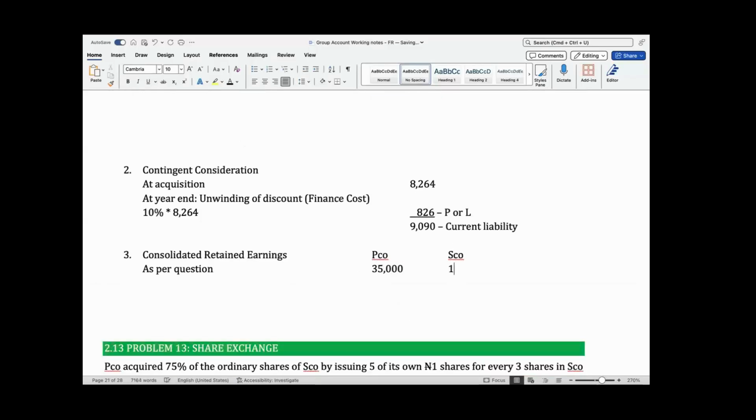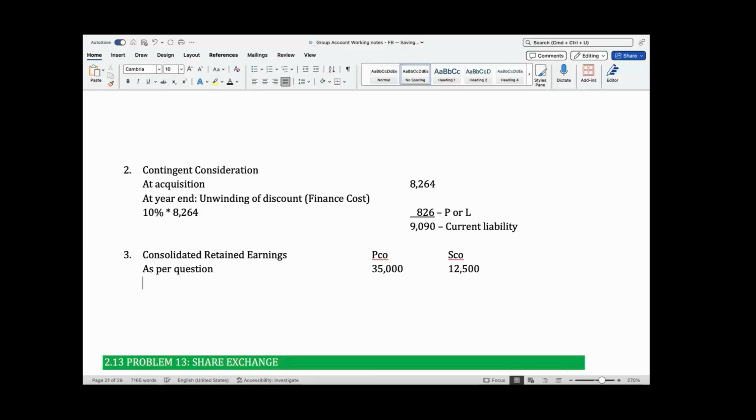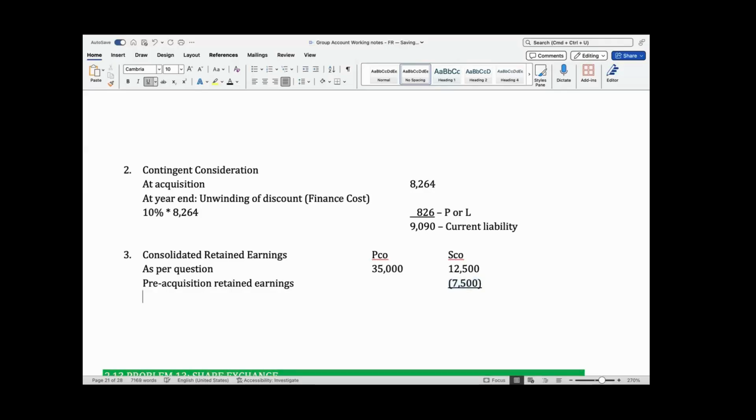You deduct the pre-acquisition retained earnings that we have cancelled out, which is 7.5, so that we are left with the post-acquisition amount that will now be shared between the two. So this balance is the post-acquisition retained earnings, which is 5,000.